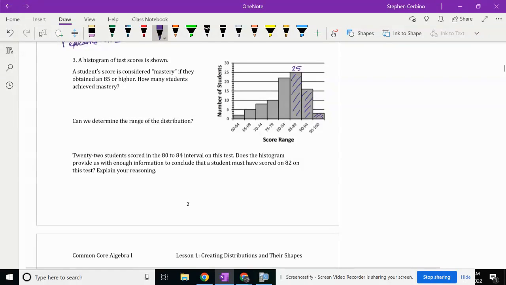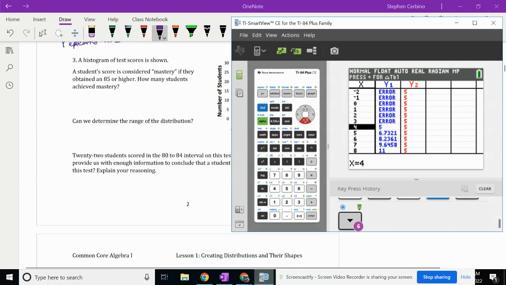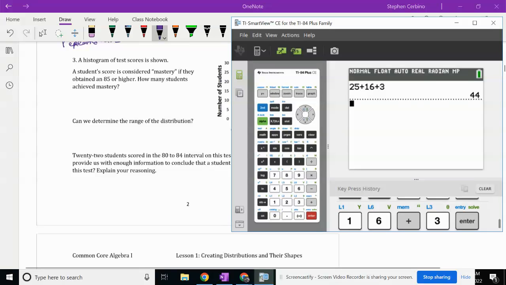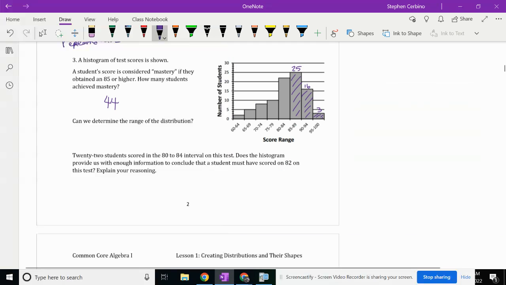There looks to be 16 here. And 1, 2, 3 over 95. So all I'm doing is adding those three numbers together. Use my trusty calculator there. 25 plus 16 plus 3 gives us 44 students. So we're just reading the bar graph here. We're reading the histogram.